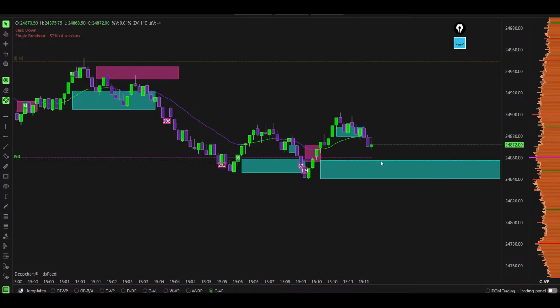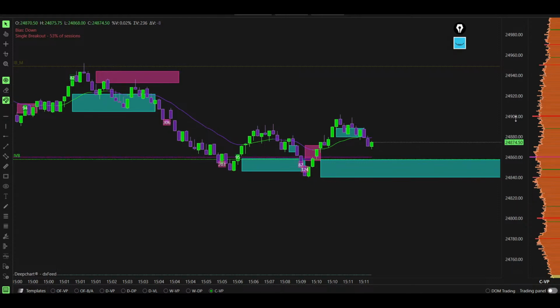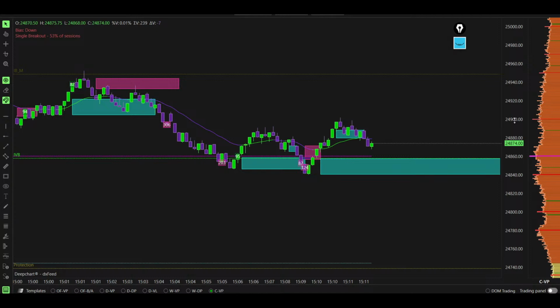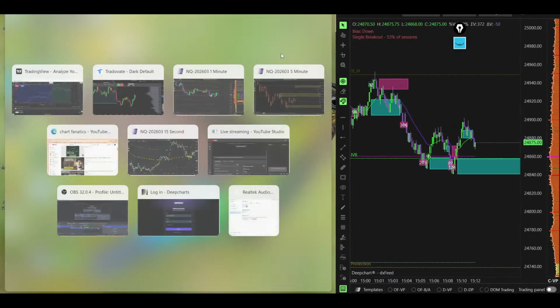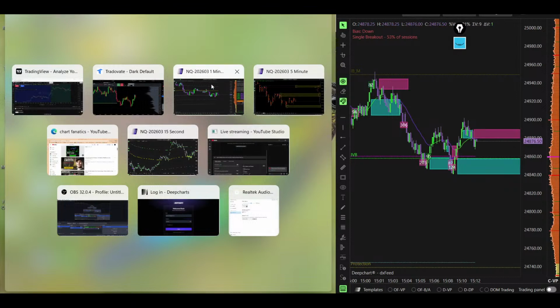Okay, you don't want to sell if you have this block here, yeah. Don't want to do it, yeah. We can even get this one here and Tradovate here, yeah.